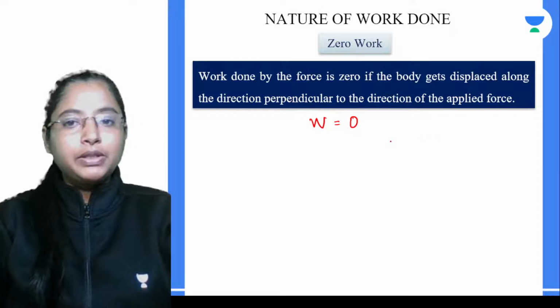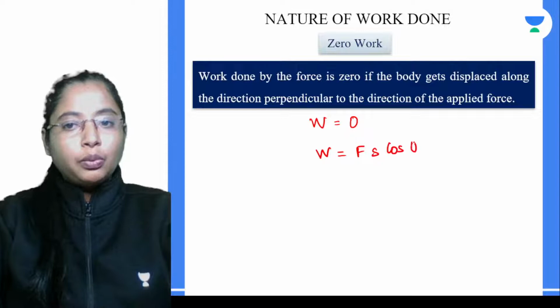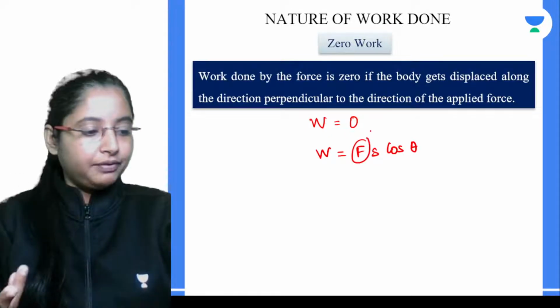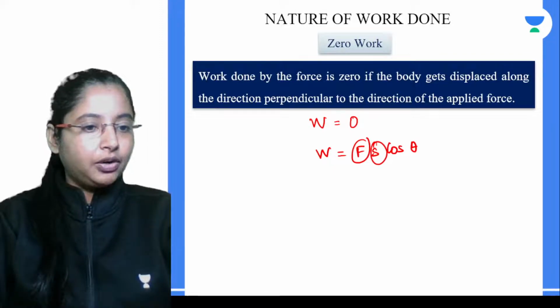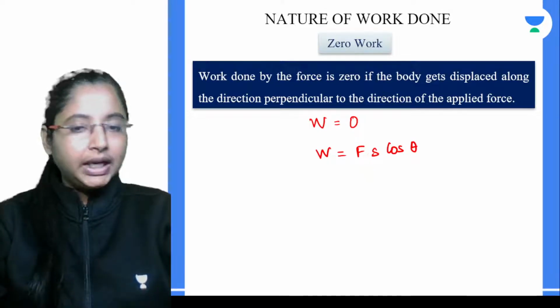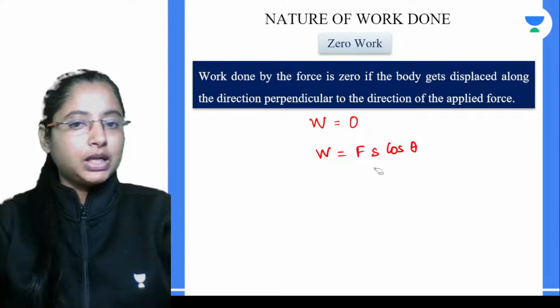When can that happen? We know this is Fs cos theta. When can work become 0? Very simple: when the force acting itself is 0, or the displacement is 0. That is, a force is acting on it and the object is not moving. You apply a force and the object is at rest wherever it is. So displacement becomes 0, so work done becomes 0.